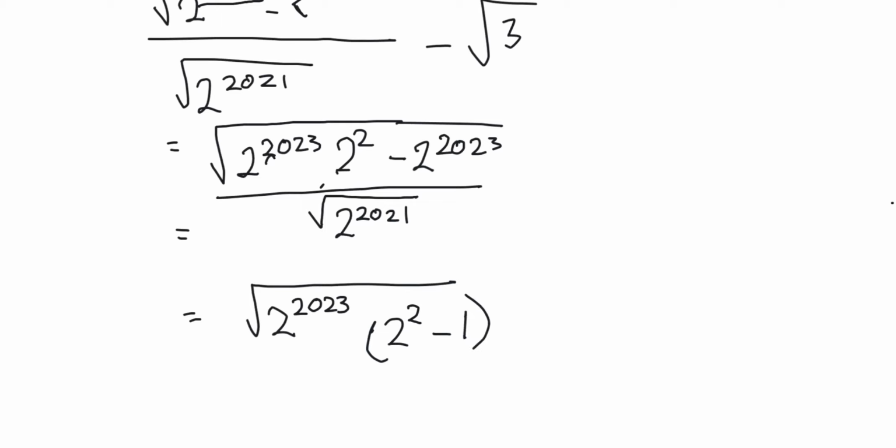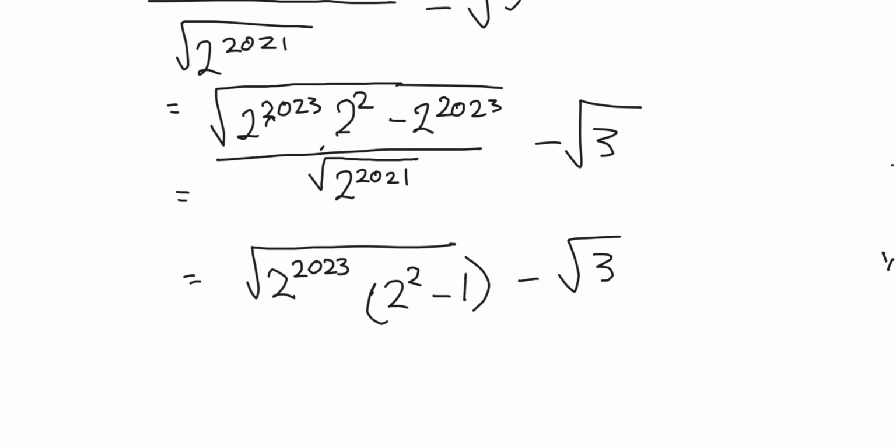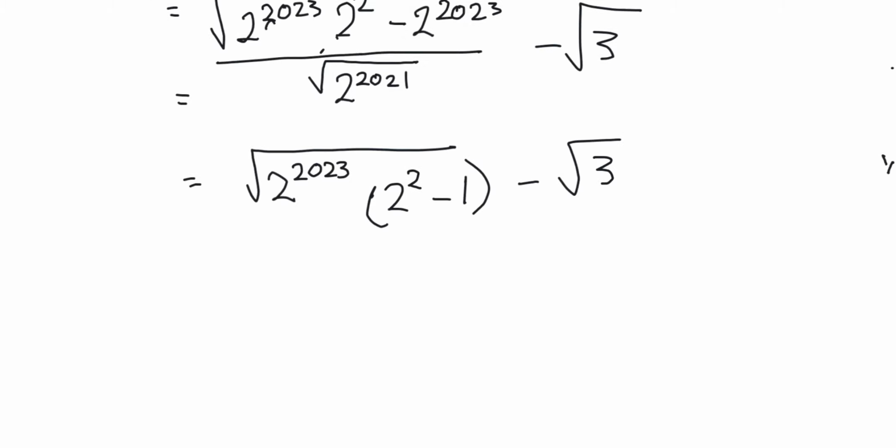And remember, here you're still having subtract root 3. We haven't dealt with that subtract root 3. And here you are still dividing with the root of 2 to the power of 2021.